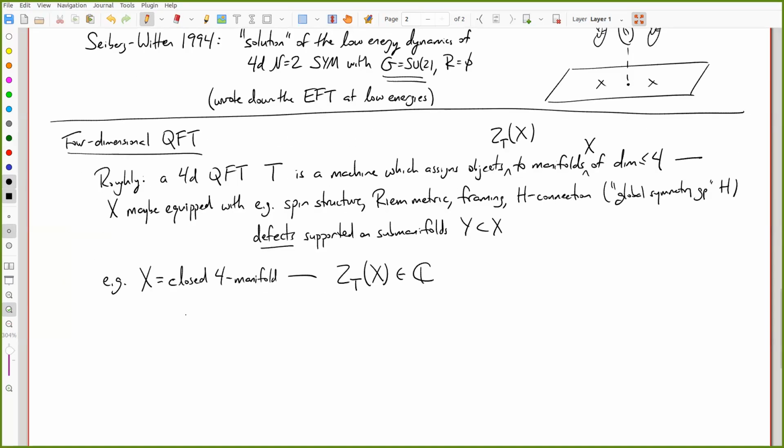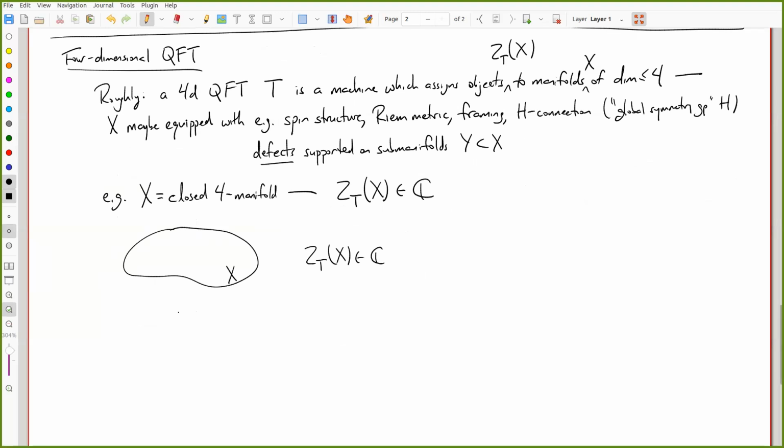So in pictures, here's X. Then ZT of X is a number. Now, as I said, it might also be decorated with some defects. So maybe here's X, and then here I have a bunch of marked points, and at each point I have some local label. I'll call them O1, O2, and O3, at the points labeled X1, X2, and X3.